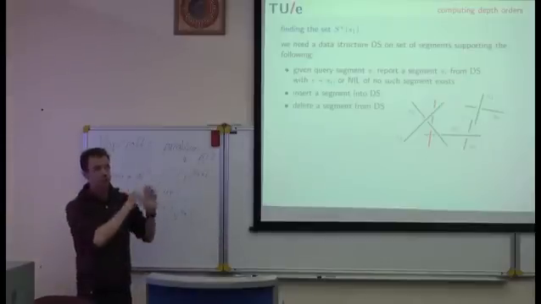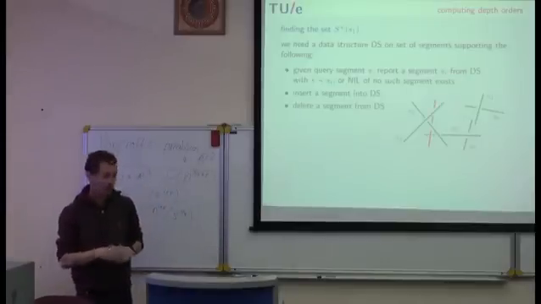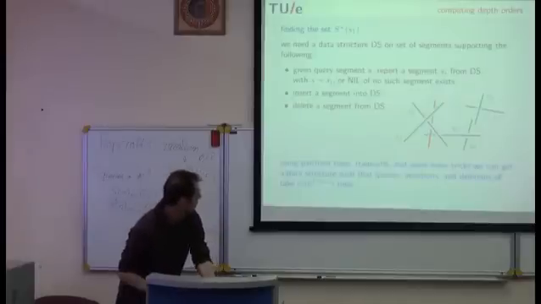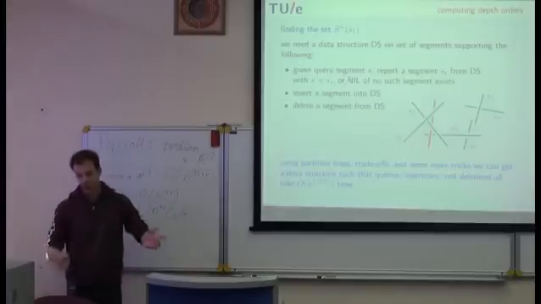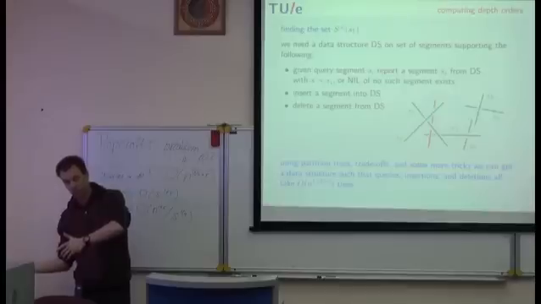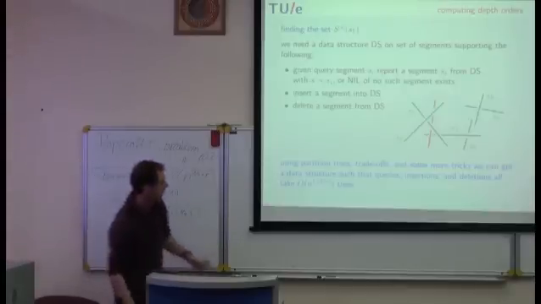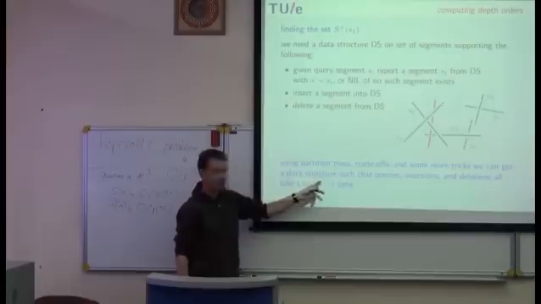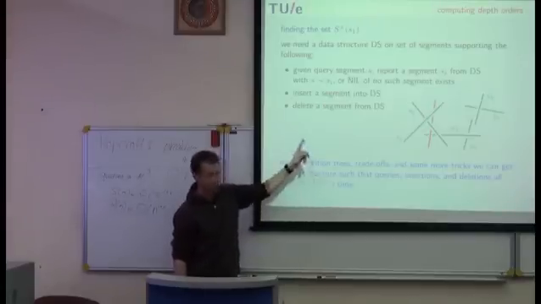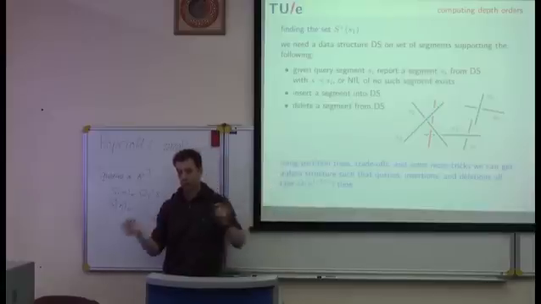Using our partition trees and our trade-offs and some other more complicated things, you can get a data structure that has n to the 1/3 query time, but also n to the 1/3 time for insertions and deletions.